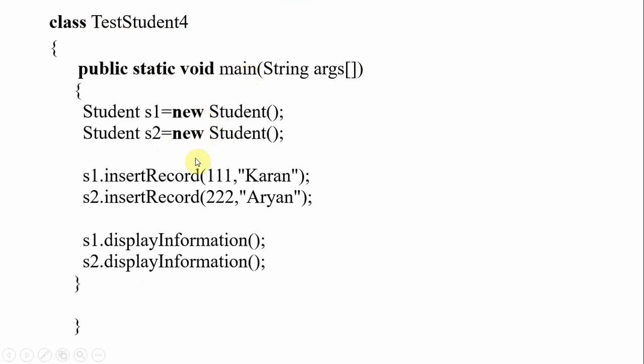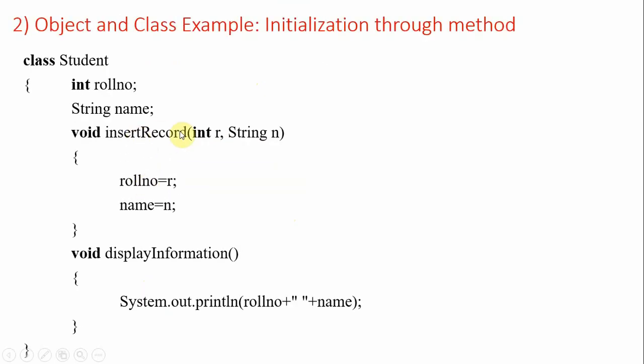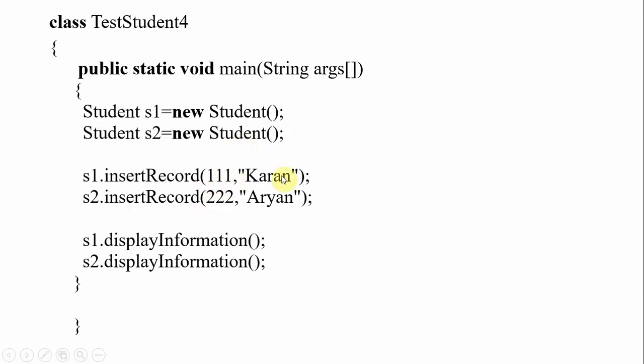There we can pass the values to the method directly. insertRecord is a method which consists of parameters. So there we are passing values, 111 Karan, 222 Aryan. So whenever we pass, we pass with the same object reference variable only, s1.insertRecord.